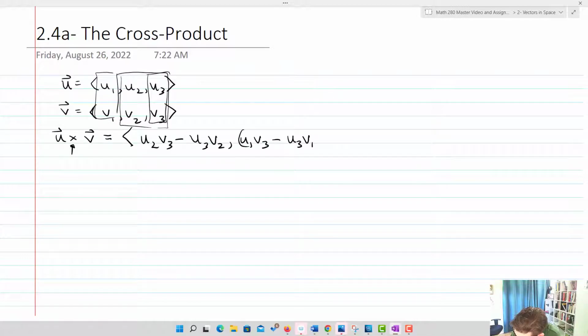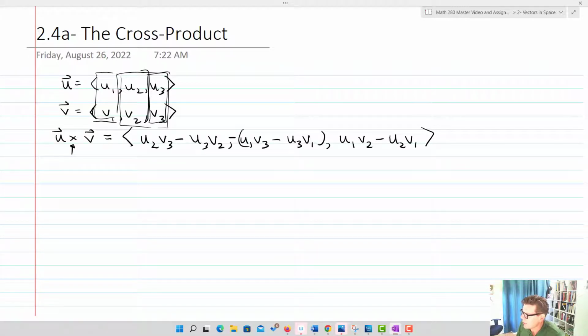And that's actually going to be negative. And then we'll have the first two, and we'll go back to a positive: u1 v2 minus u2 v1. And those are the components.